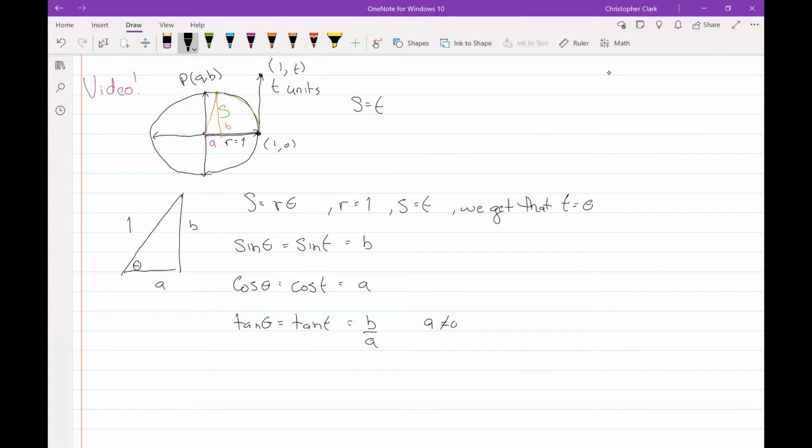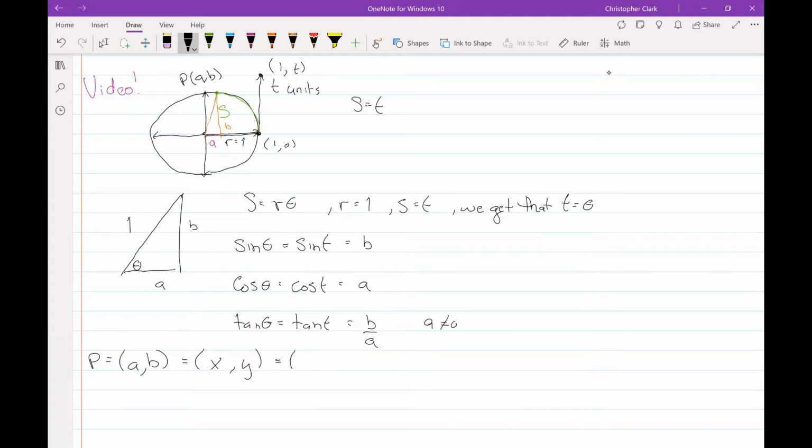All right, so what we're trying to do here allows us to do something really interesting. If I know that P is equal to (A, B), that's just the coordinate, where A is along the x-axis and B is along the y-axis. But of course, I know that B is equal to sine of t and A is equal to cosine of t.